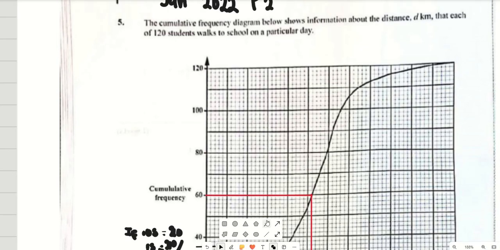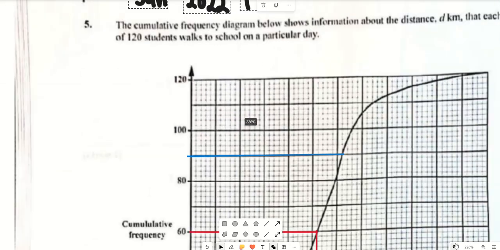Right, 90 would be right here. Let's put that in blue. So blue is your upper quartile, right?